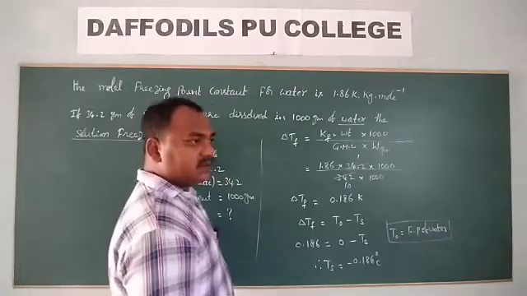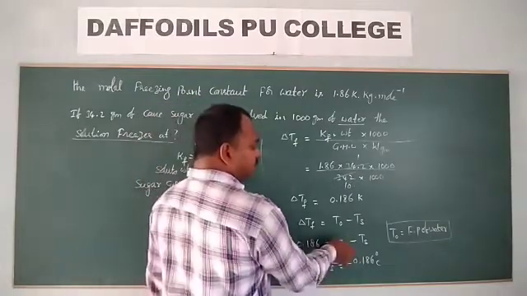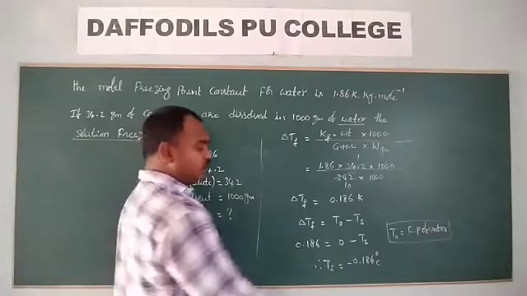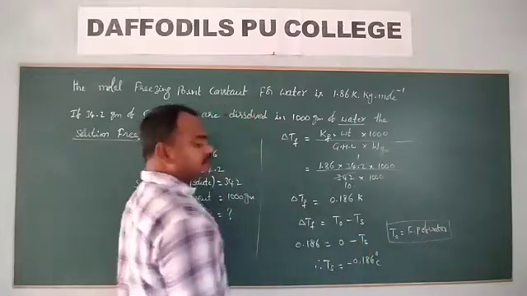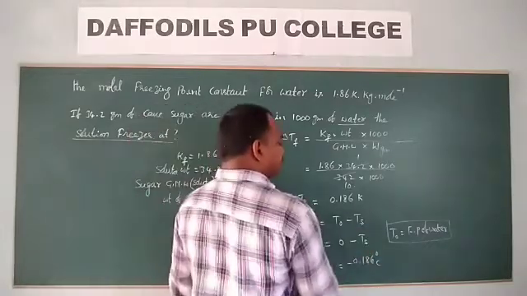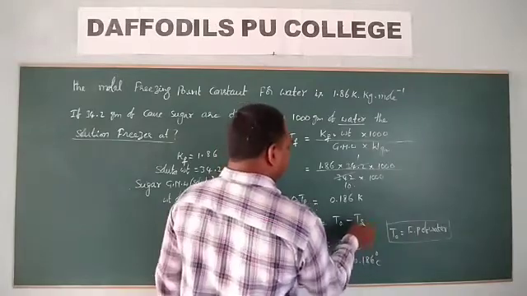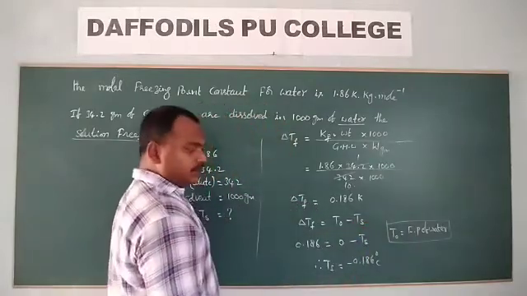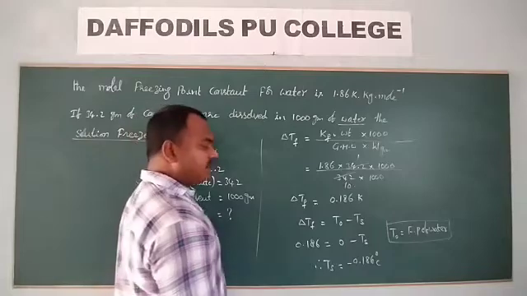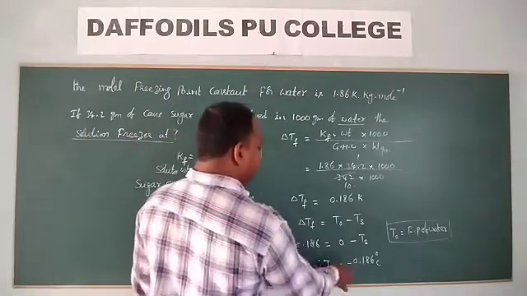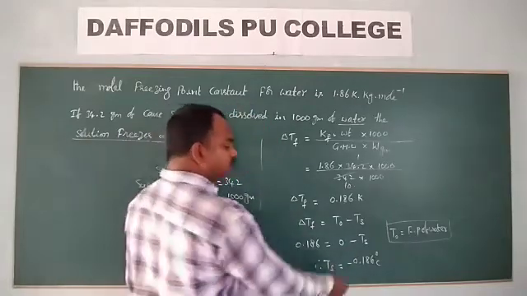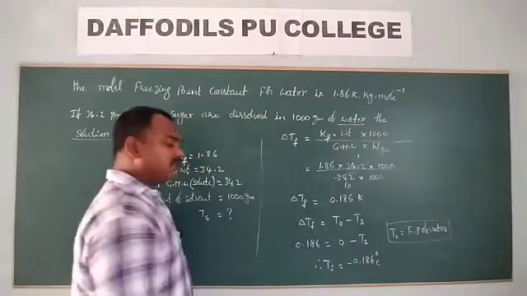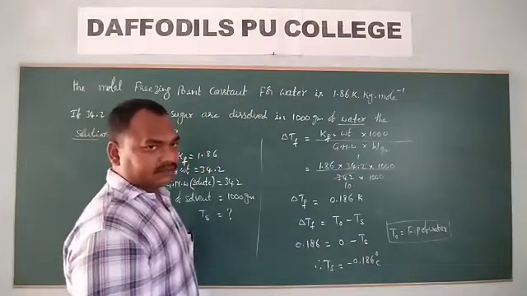Water is the solvent. Freezing point of water is 0 degrees centigrade. So 0 minus Ts, where Ts means the freezing point of the solution. So Ts becomes equal to minus 0.186 degrees centigrade.